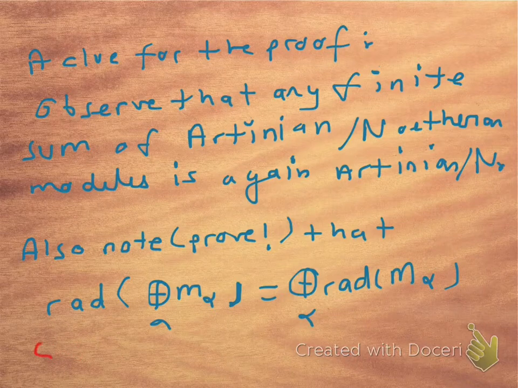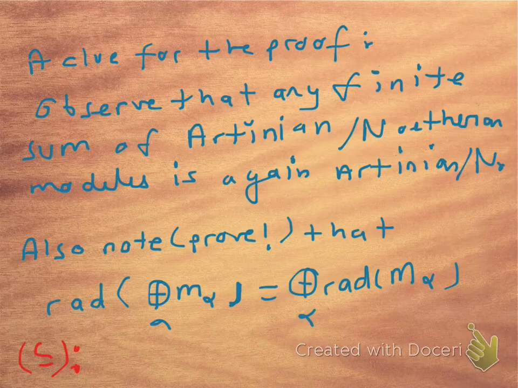Okay, the way this works, I'll give you just one clue about this. I'll remind you that the Jacobson radical is preserved, not preserved in the sense that it is taken into the radical of the codomain module under a homomorphism.